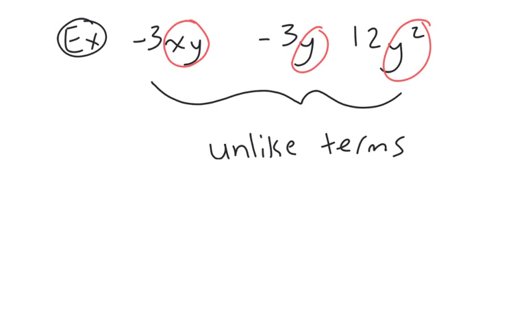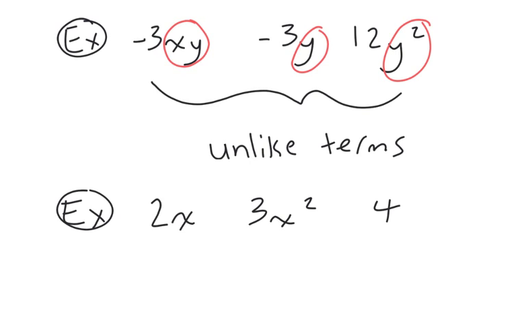In our next example, I'm going to give you a little bit of a trick question. So these 3 terms are going to be 2x, 3x to the power of 2, and let's say 4x to the power of 3. The first thing you want to do is look at the variables and their exponents. So over here we have x, this is x to the power of 2, and this is x to the power of 3.